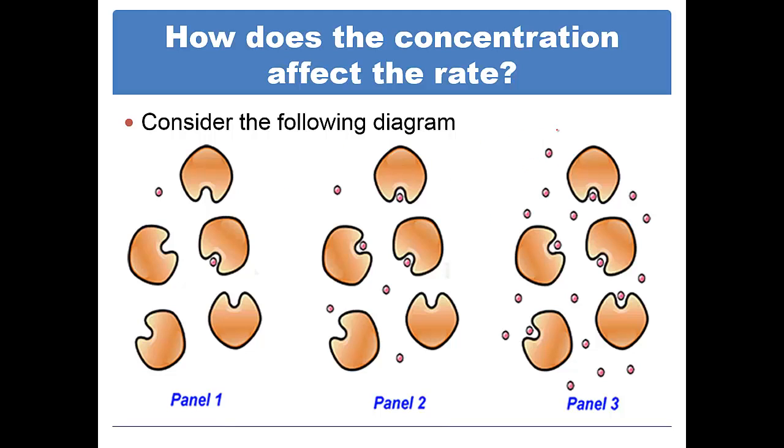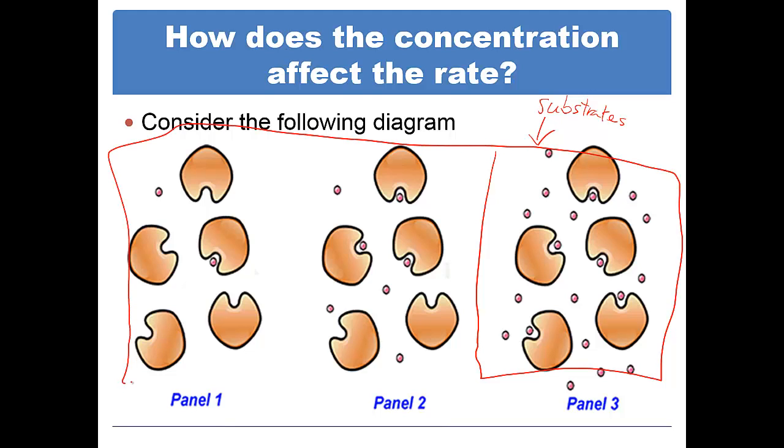For 2 and 3, they have more substrate here, which means the substrate concentration is higher within the same space. If you're putting them into 3 different containers, they have the same space. So concentration-wise, for this one we have a high concentration of substrates.